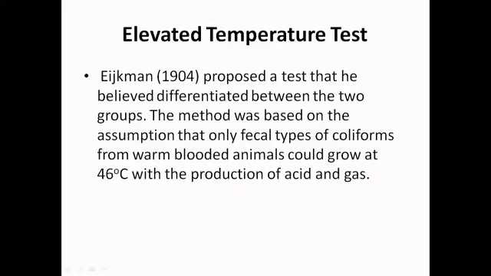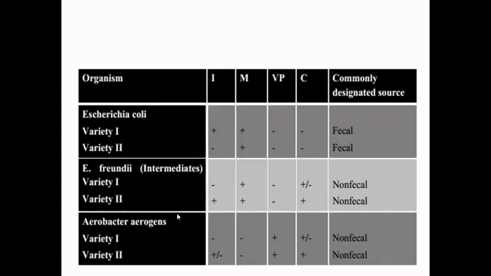Then there are intermediate organisms, that is E. freundii, which shows indole negative, methyl red positive, Voges-Proskauer negative, citrate positive or negative. It is a non-fecal source of coliform. Variety 2 shows indole positive, methyl red positive, Voges-Proskauer negative, and citrate positive, non-fecal coliform.